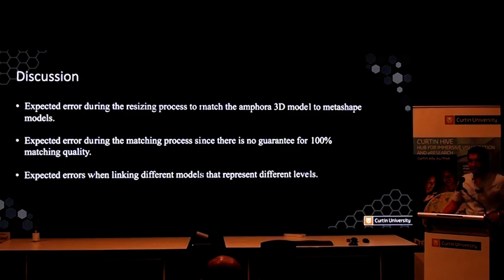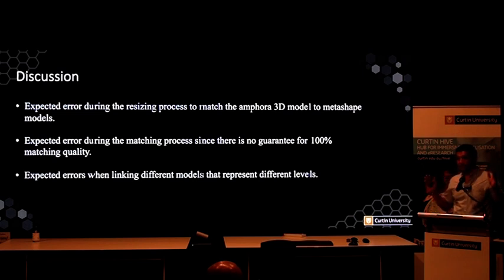A few things that I have to consider, especially for the future work. First of all, the resizing of the amphora. When matching the 3D CAD model for the amphora to the amphora in the 3D model, which is done by Metashape, I had to resize this amphora manually, so there is an expected error during this process.